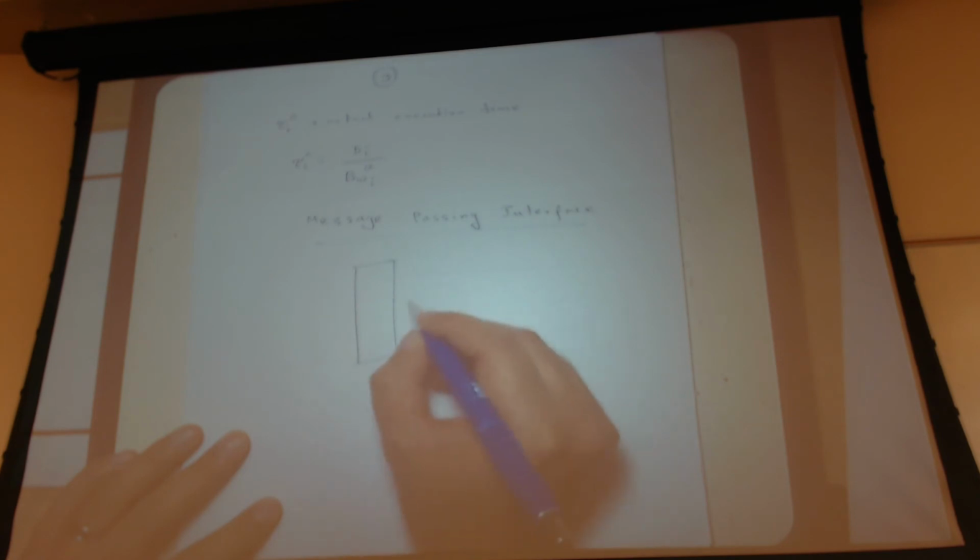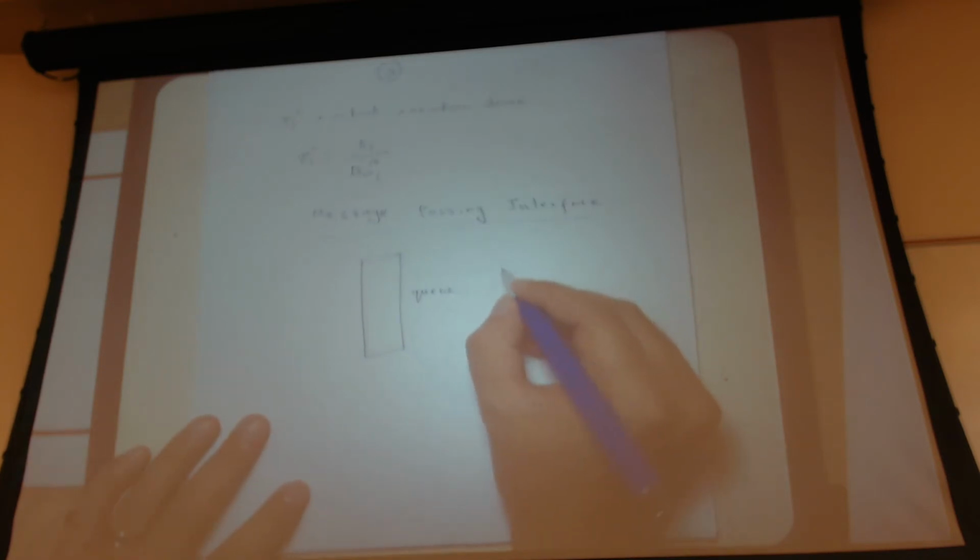For every thread there is a queue, and for every socket communication that we establish between two threads, there is a token. Now, what do you do when a thread wants to communicate with another thread? The first step is to get access to a token.